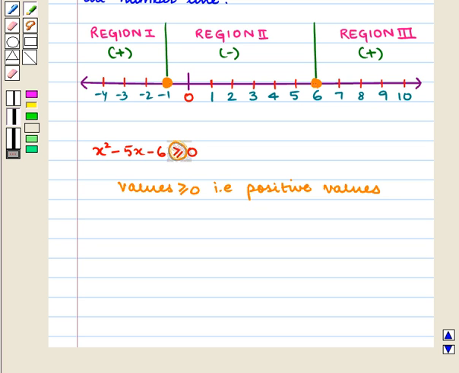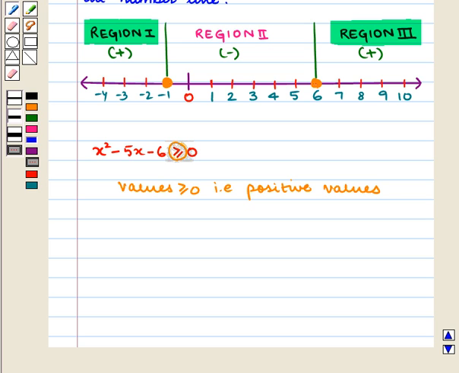See, in the sign chart, we have two regions, region 1 and region 3, showing positive sign, which means these regions will satisfy the given inequality and will form the solution set.